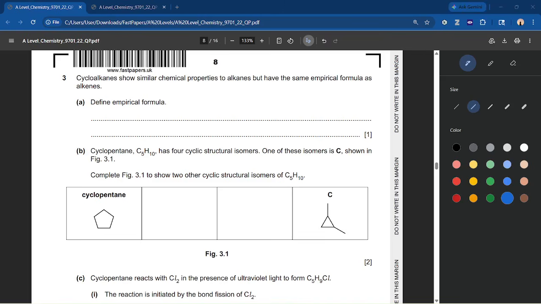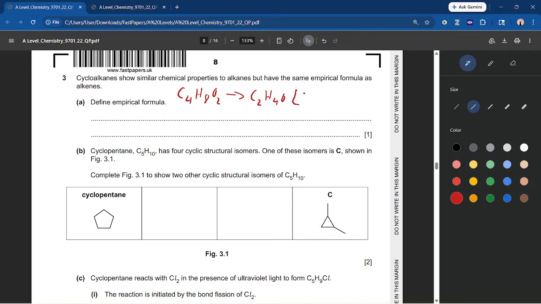So the question is, cycloalkanes show similar chemical properties to alkanes, but have the same empirical formula as alkenes. So define empirical formula. Again, this is a definition. I don't want to waste too much time on this. But basically, if you can simplify something, so this would be C2H4O.